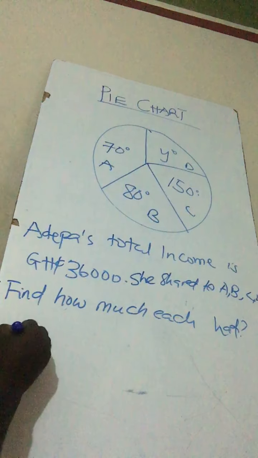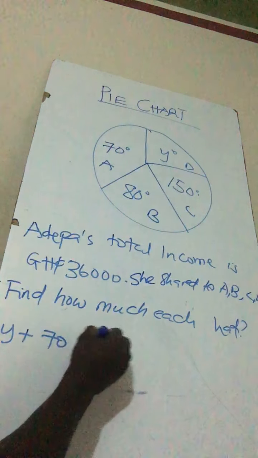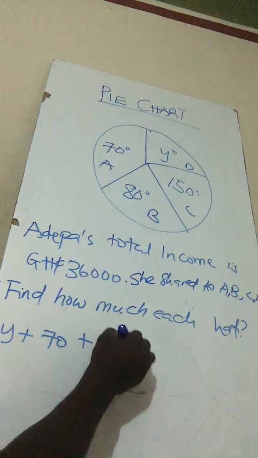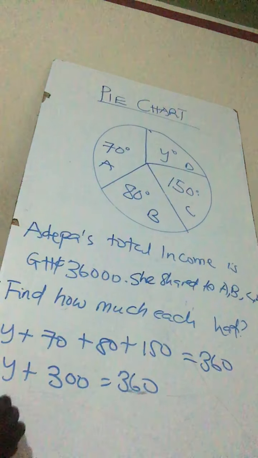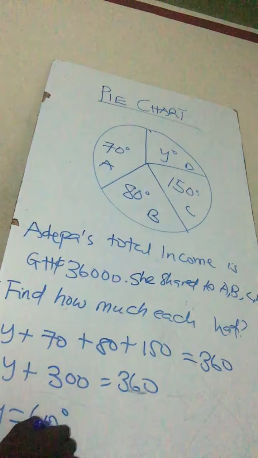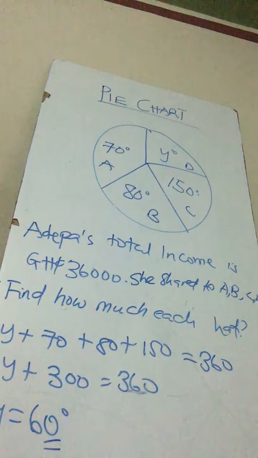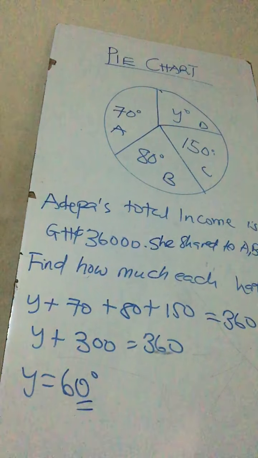So y plus 70 plus 80 plus 150 equals 360. All right, so 70, 80, 150 gives 300. So y plus 300 is equal to 360. So it means that y is what? 60 degrees. Are you okay? It means that y is 60 degrees.